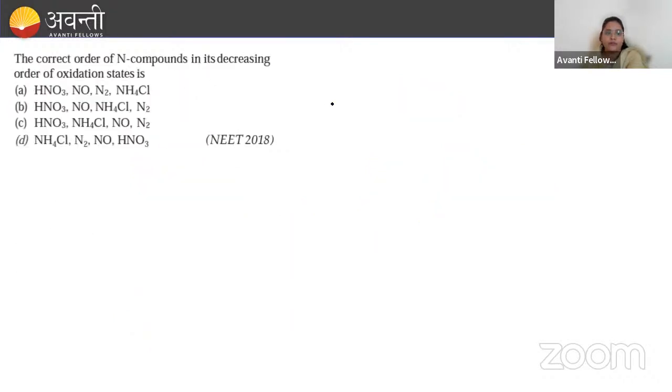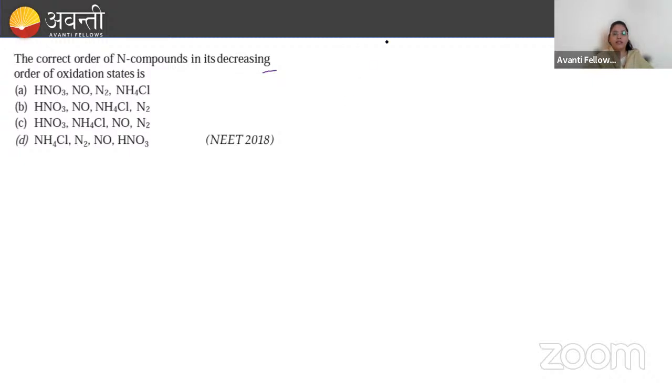Right. Next question. Correct order of N compounds in decreasing order of oxidation state. So here we need to find out the correct order of nitrogen-containing compounds in decreasing order of oxidation state. So let's find out the oxidation state for each compound present here: HNO3, NO, N2 and NH4Cl.